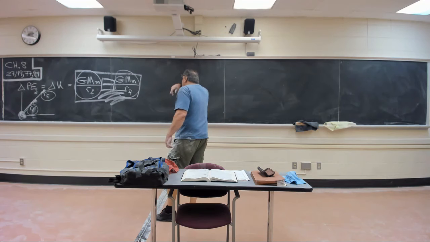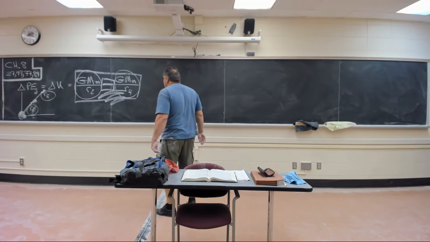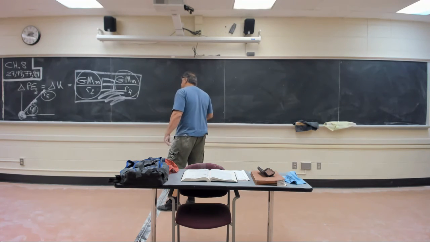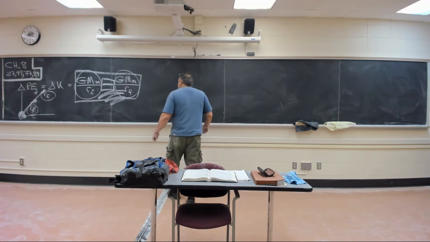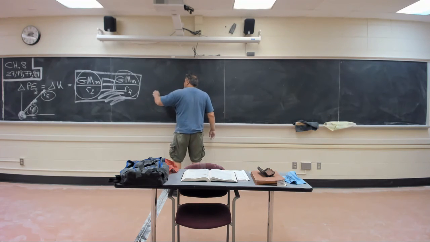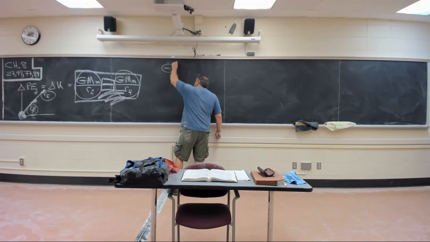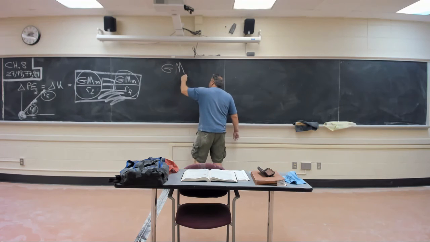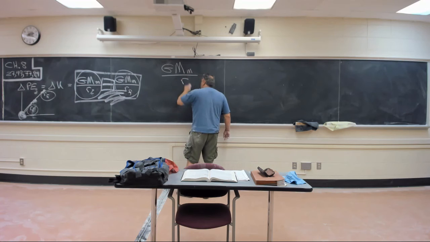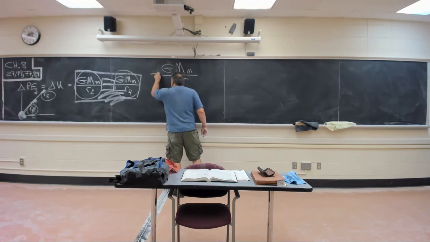Now how do you do it? Well, it's kind of a weird thing here. We kind of still put the carriage in front of the horse on this one. G big M small m over R. They put a negative number right here.